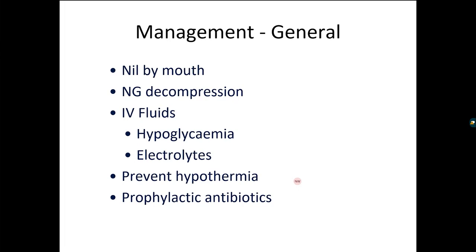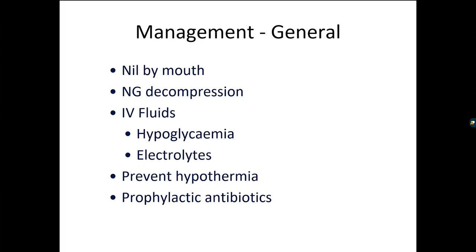Another important thing to remember is when you insert an NG tube or a nasogastric tube, it's very important to make sure that the NG tube is open and is connected to a drainage bag or a saline bottle or a syringe, because oftentimes we see that babies are being transferred from various hospitals with an NG tube, but the NG tube is clamped.